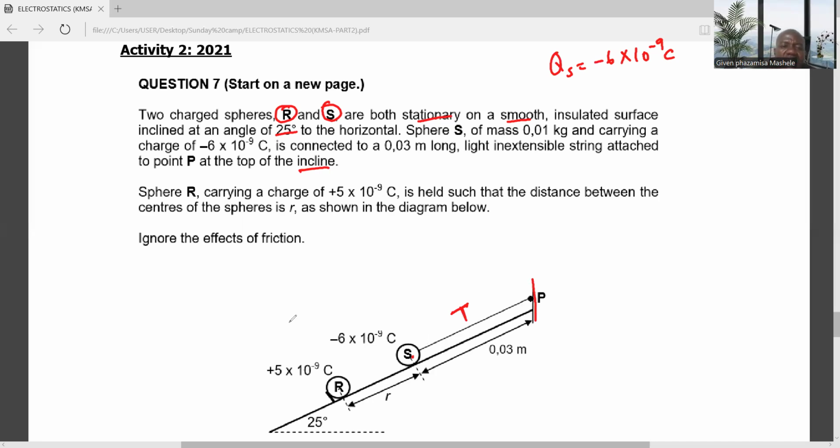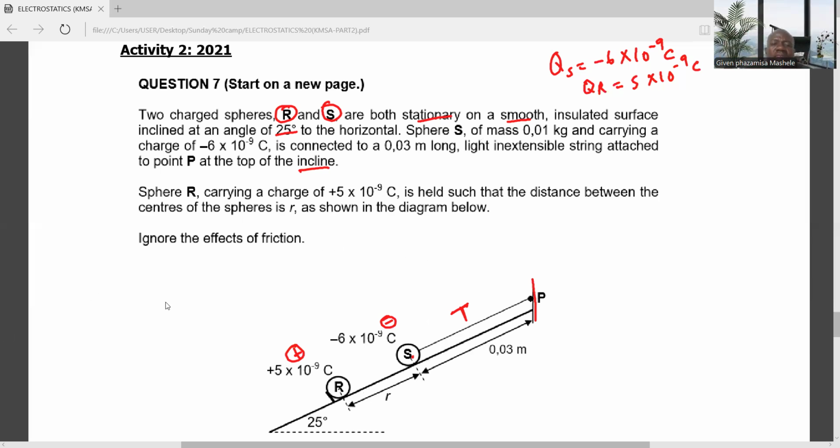Now sphere R is carrying a charge of positive 5 times 10 to the power minus 9 coulomb. So sphere S is a negative charge and sphere R is a positive charge. We are told that it is held such that the distance between the centers of the spheres is R, as shown below.